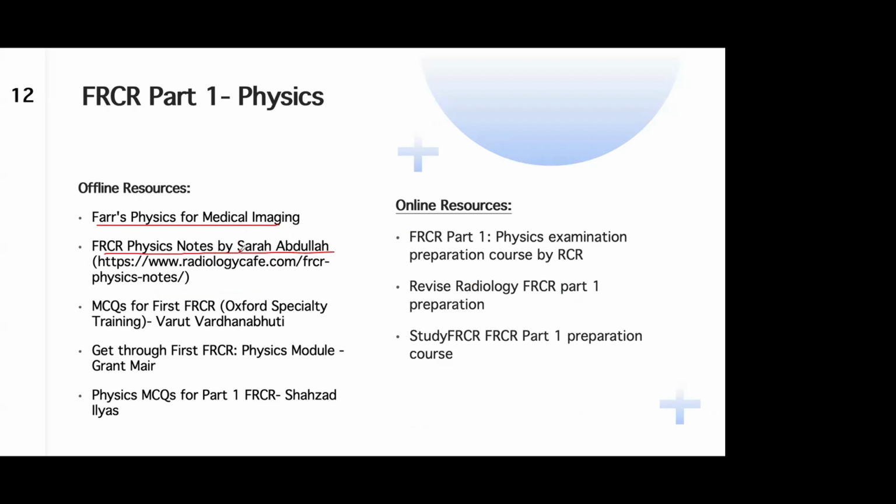If you want a hard copy, you'll have to order it on Amazon, but the soft copy is available free of cost on the Radiology Cafe website, which you can use for your FRCR preparation, with very simple illustrations that will help you understand physics easily.